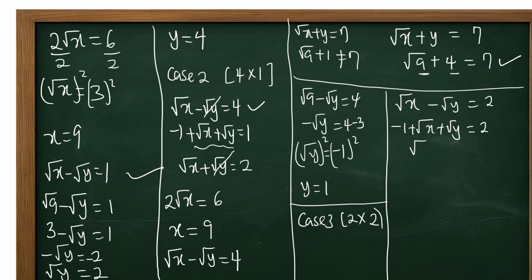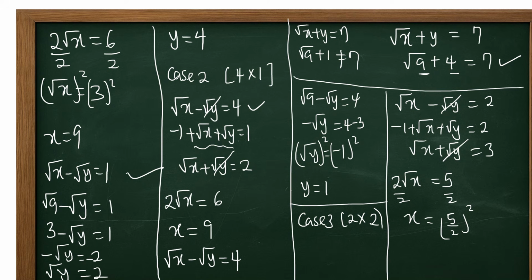Simplifying this, we have square root of x plus square root of y equals 3. This cancels out this by adding the two equations together. We have 2 root x equals 5. Dividing both sides by 2, here we can see that x is going to be 5 over 2 squared, which is 25 over 4.